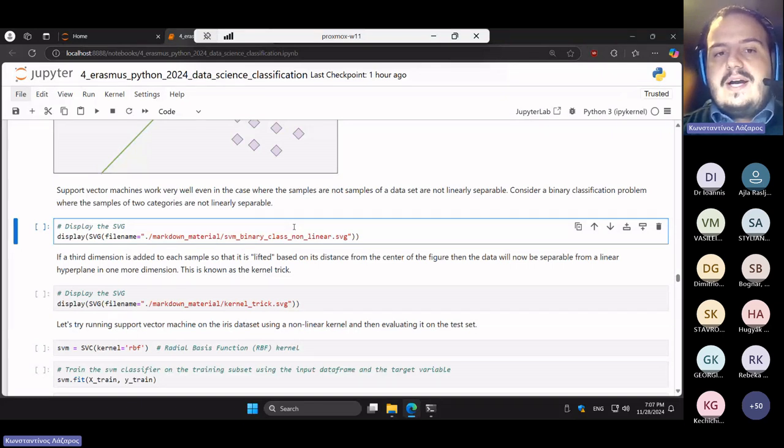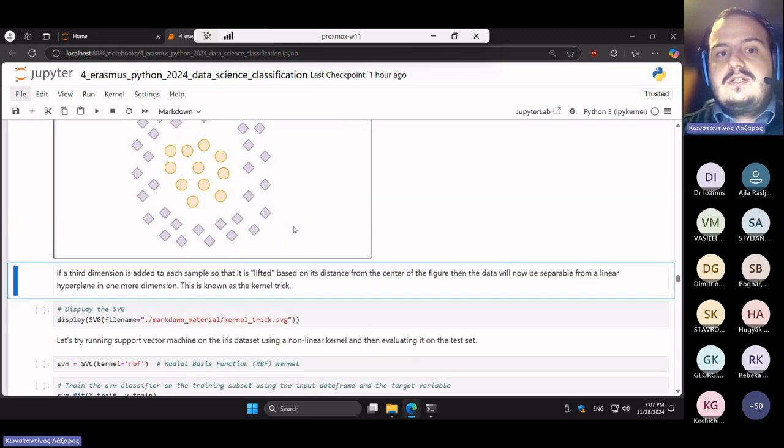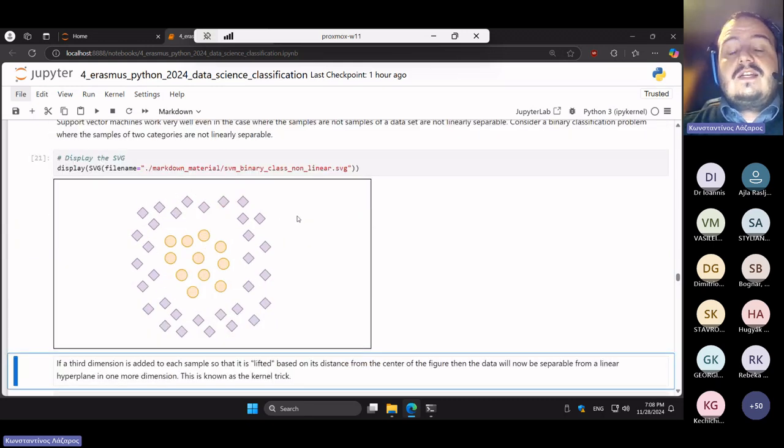The other reason why it was really effective, and still is to this day in some instances, is that it can be used effectively even on nonlinear data sets. So take this example right here. We have a data set that consists, again, of two categories. But as you can see, in 2 dimensions we have a very complex kind of pattern going on, right?